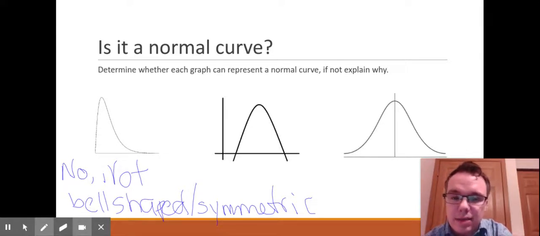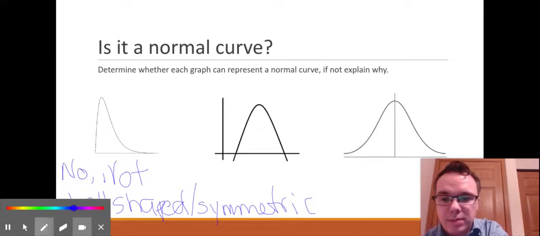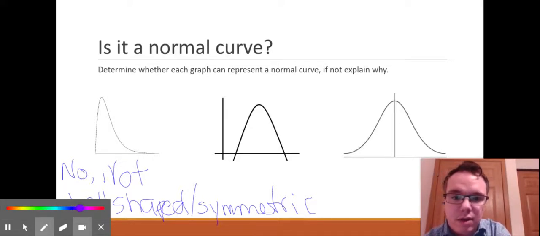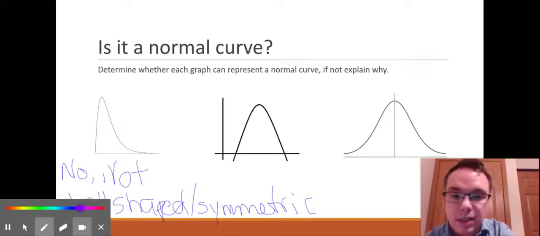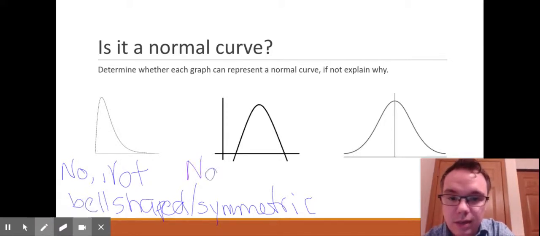The second one is symmetric. It is bell-shaped, but if you look, it does go across the x-axis. And we talked about on the last slide how a normal curve approaches the x-axis, approaches 0, but never crosses. So the second one is also no, because it crosses the x-axis.